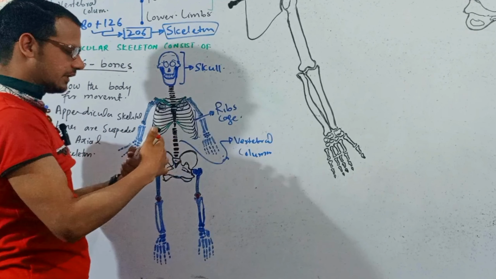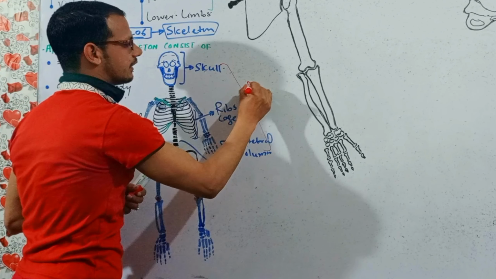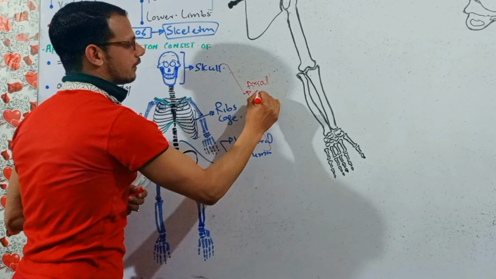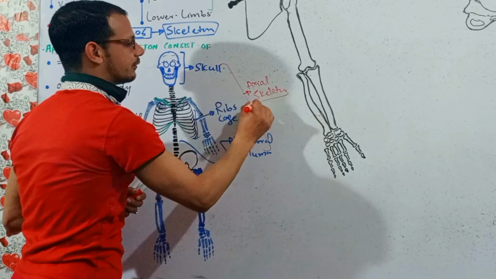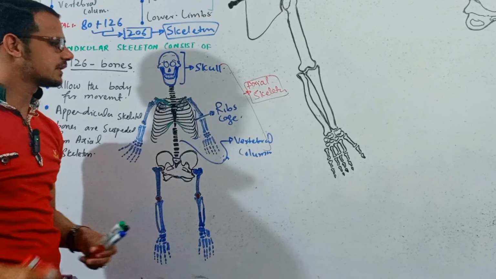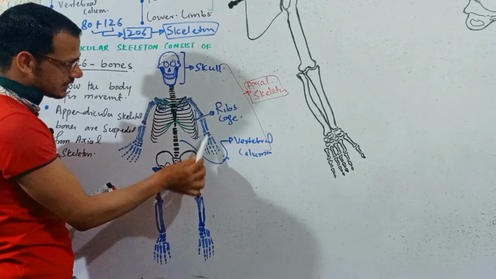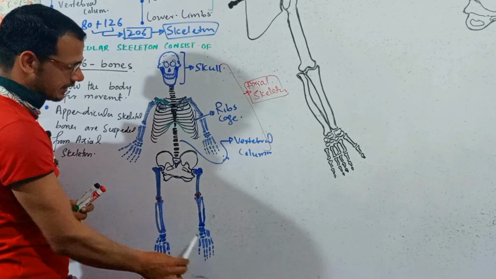So these three things collectively form the axial skeleton. For detail of this axial skeleton you can watch the previous lecture. Today we will discuss these suspended parts.